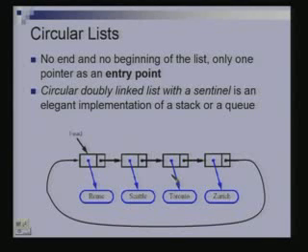So when I have to insert an element into this queue, how will I add an element at the rear? I will add an element here. What should I do?